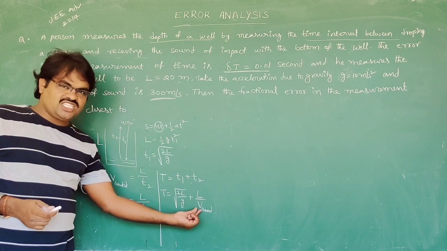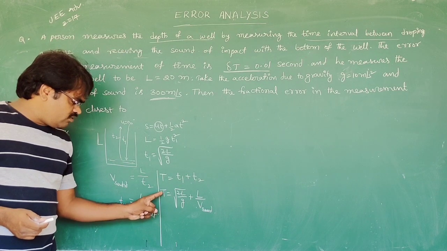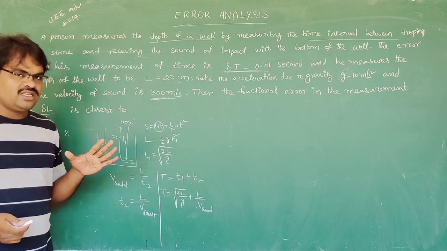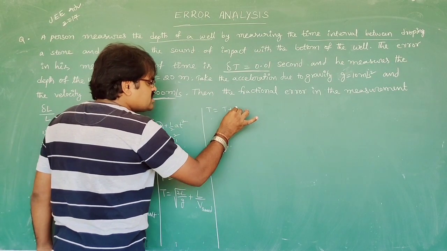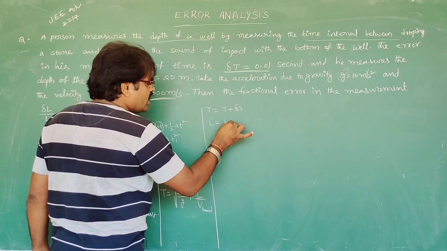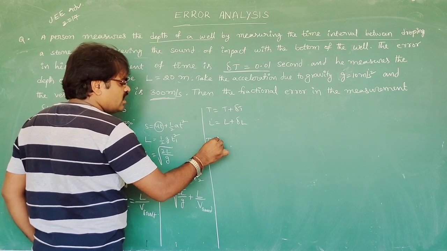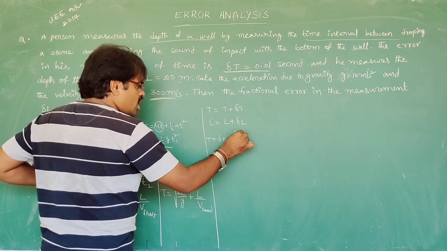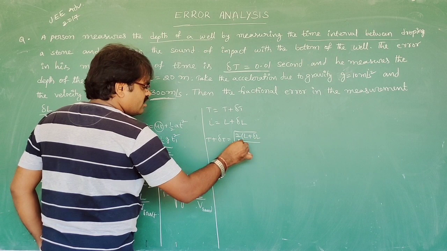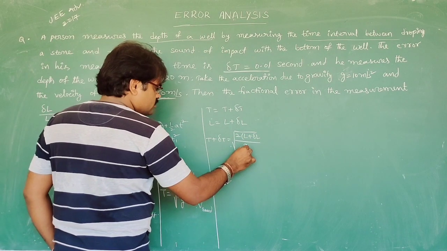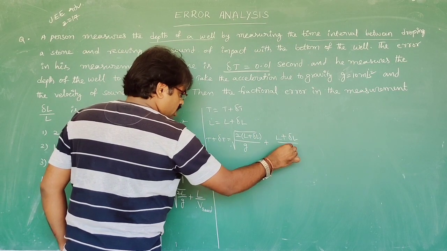Acceleration due to gravity and velocity of sound are constants. Only the time period and the length have errors. Now we write T is equal to T plus delta T, L is equal to L plus delta L. Substituting here, T plus delta T is equal to root of 2 into L plus delta L by g plus L plus delta L by v sound.